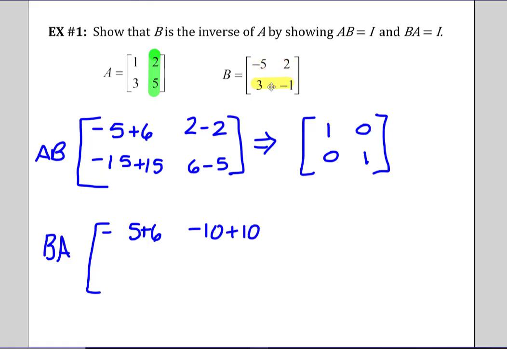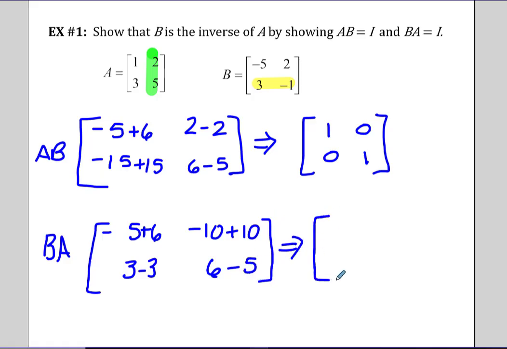Going to row 2, column 1, that gives us 3 minus 3, and row 2, column 2 gives us 6 minus 5. So in the same exercise, we have 1, 0, 0, 1.